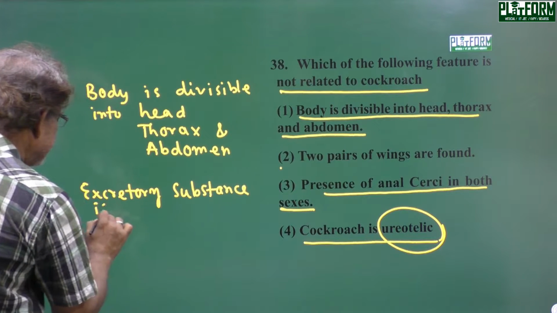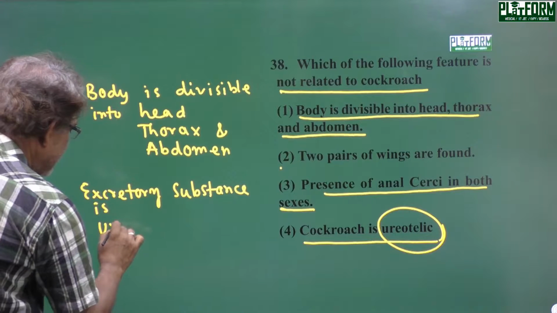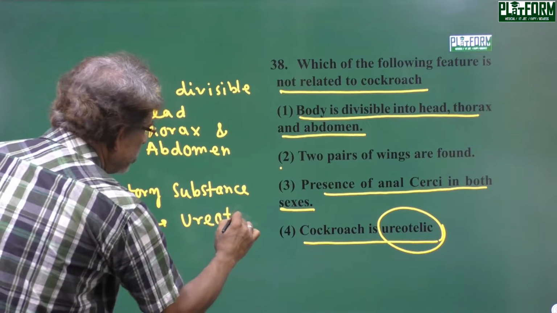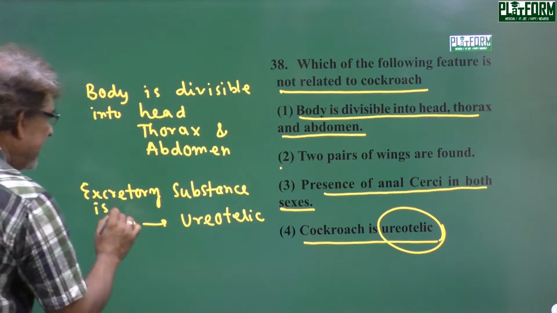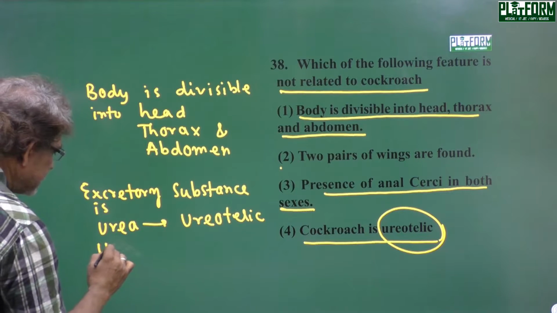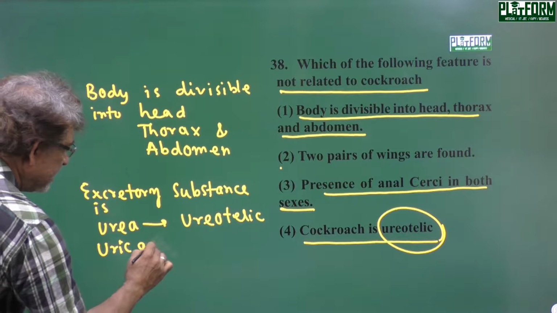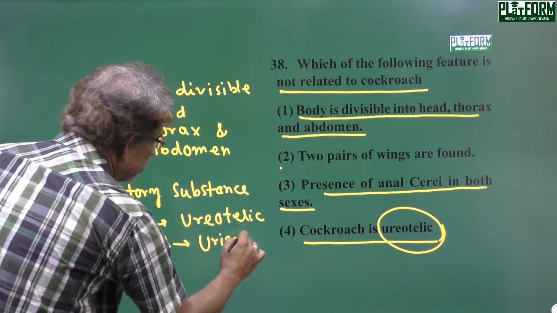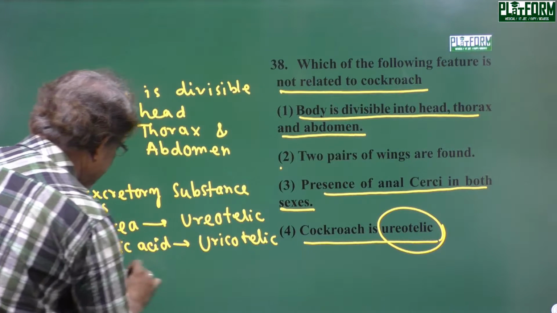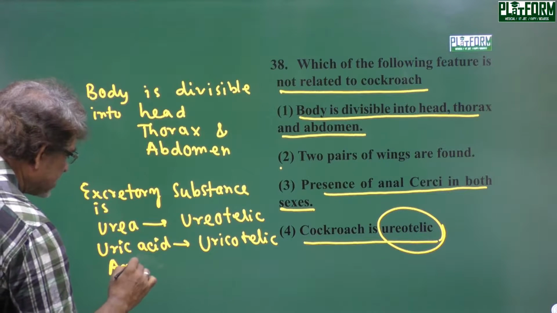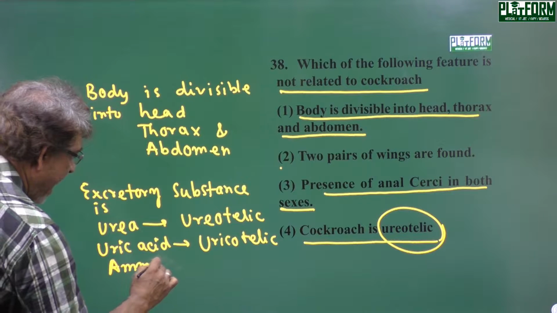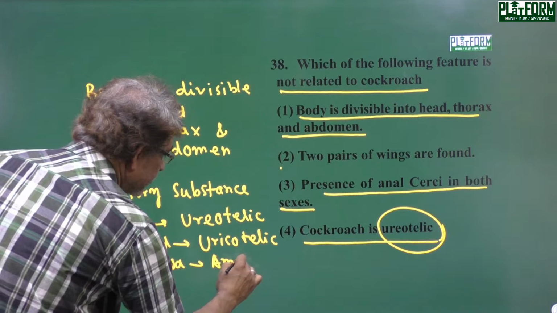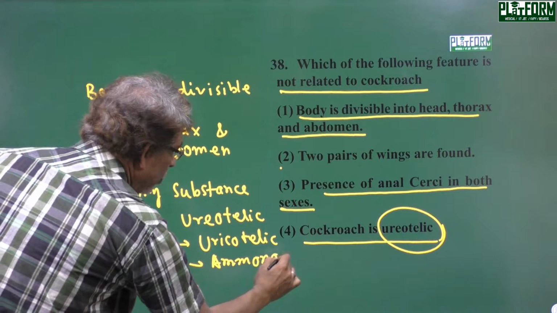substance is urea, then it is called ureotelic. When the excretory substance is uric acid, called uricotelic, and when excretory substance is ammonia, then they are called ammonotelic.